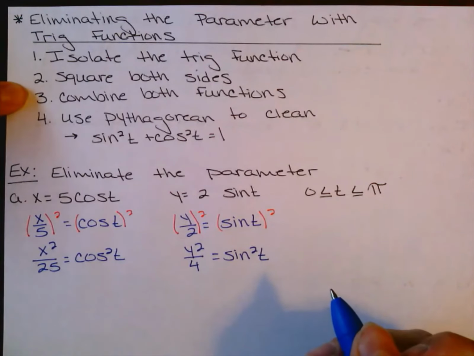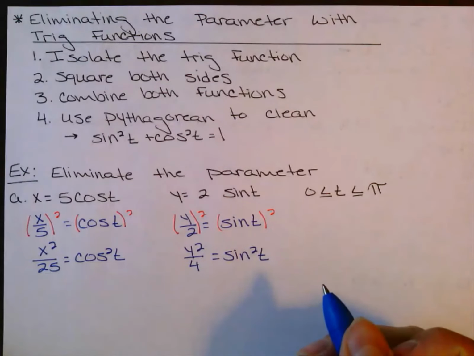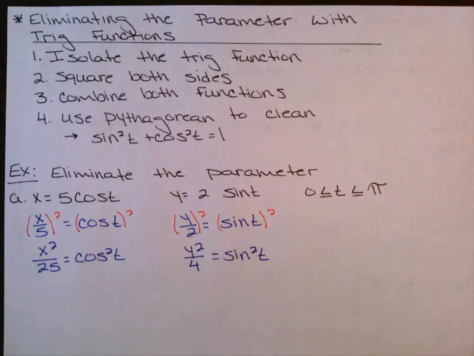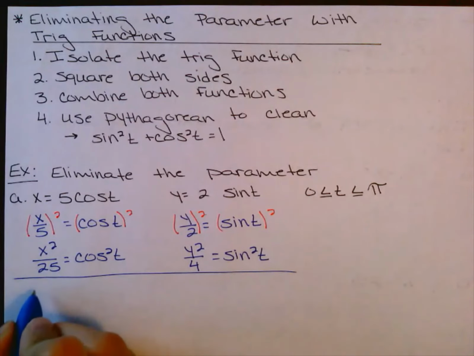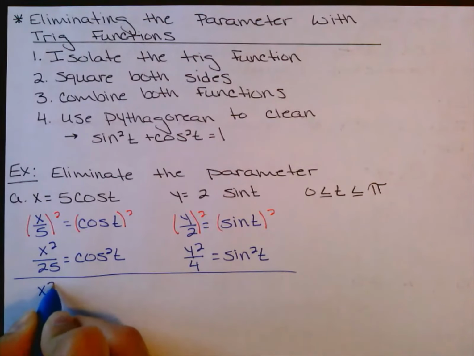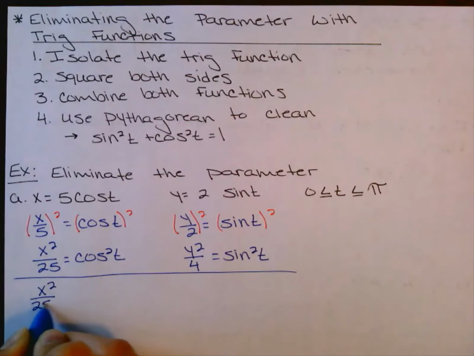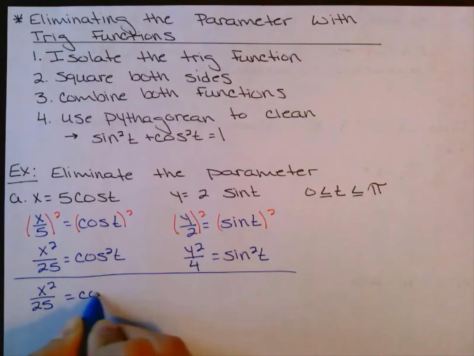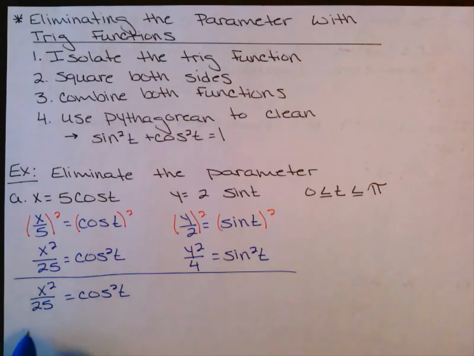Step 3 says to combine both functions. That means I'm going to add them together, okay? So let me draw a line here. And I'm going to put one on top of the other. I'm going to say x squared over 25 equals cosine squared of t. And then I'm going to put the y squared over 4 equals sine squared of t.